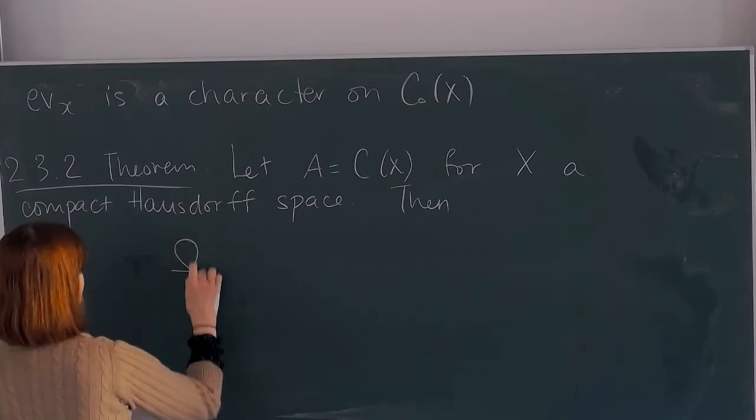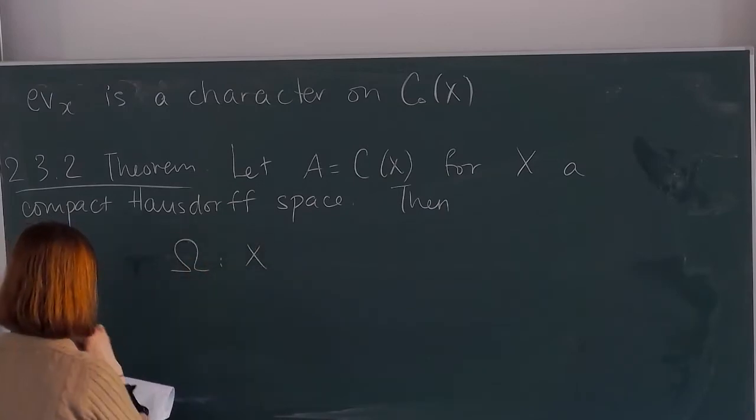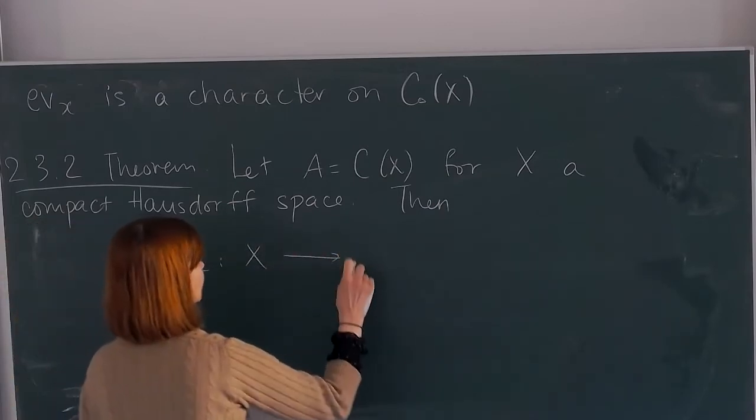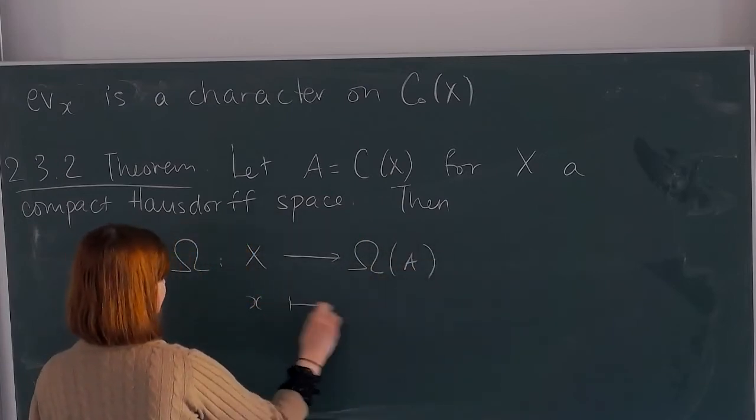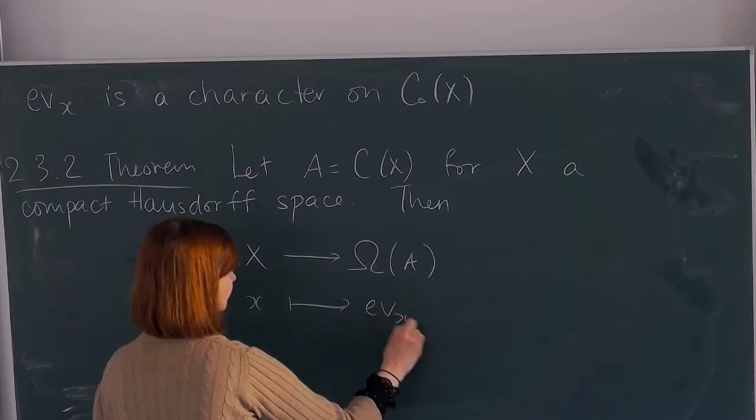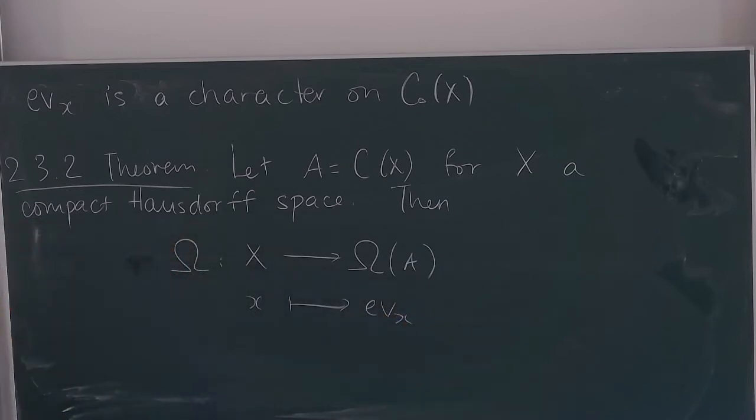Then we can define a map omega from X to the character space, which takes x to the evaluation map at x. And this is a homeomorphism.